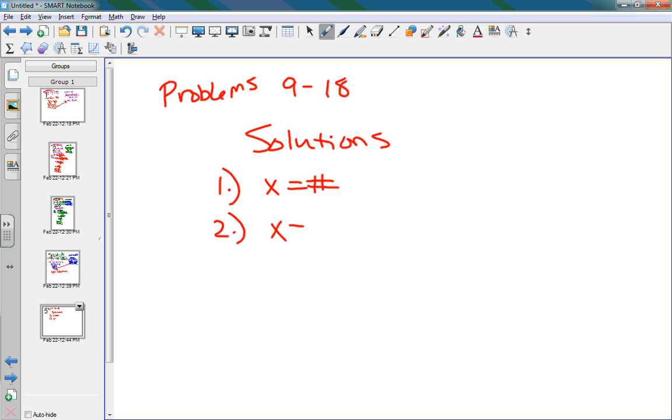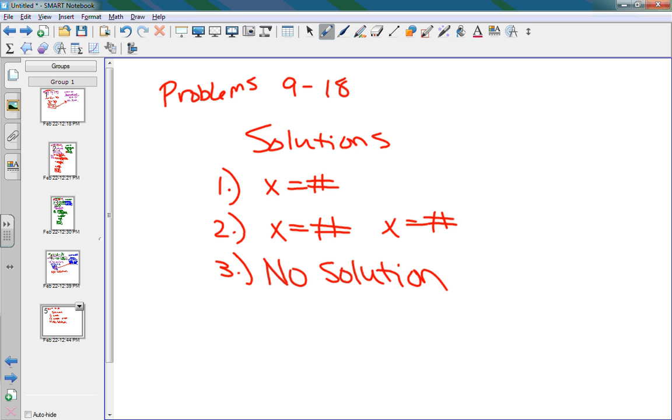You can have X is equal to 2 numbers. You can have no solution. And that's when the answer that you got was in the restrictions and you have to cross it out. You with me? And then the final type is going to be x is any real number.